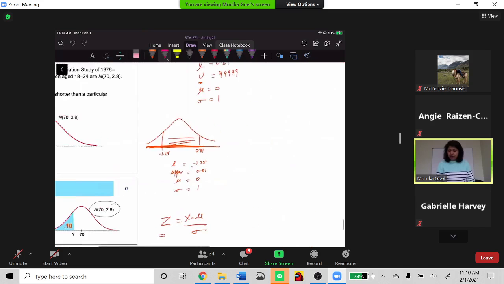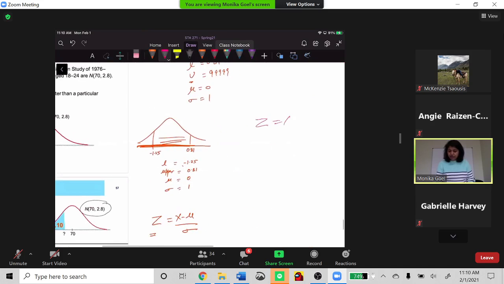First of all, if we are looking for z, this is the formula that we use for the standardized score or z-score, where x is what you are looking for, mu is your mean, and sigma is your standard deviation. If you are looking for z, you know what your x is, the mean and standard deviation are given, plug them in and solve for z. You get that z value, go to your table and find the corresponding area.